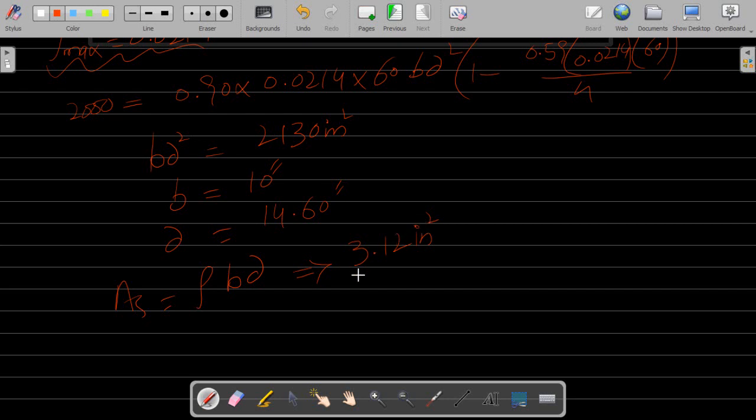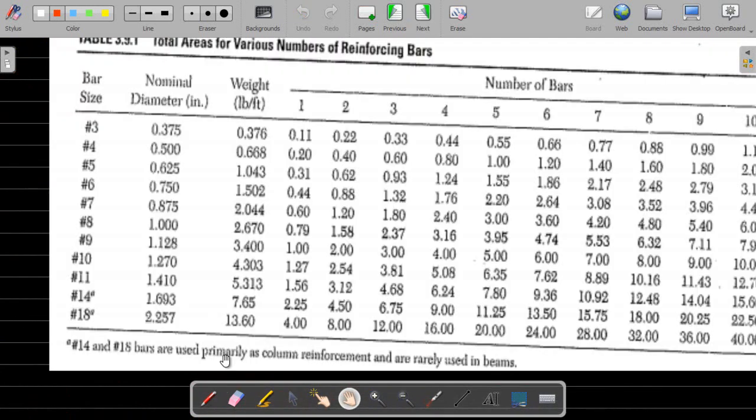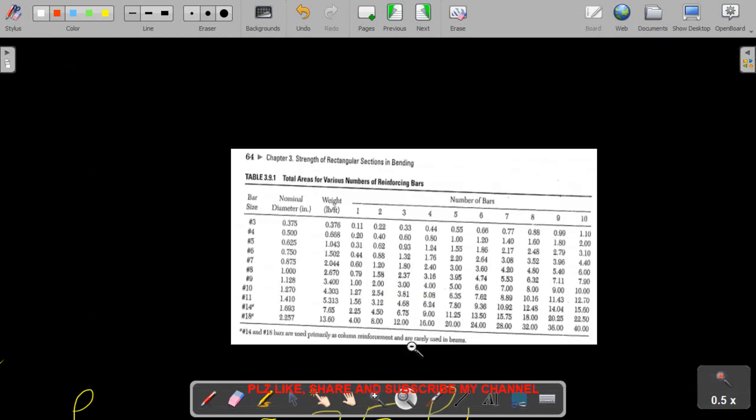Now if we choose a number 11 bar, it will exactly give us 3.12 square inches from this table. We can see here we are using a number 11 bar. So this is my number 11 bar, and here I have 3.12. So this is my area of steel, the exact value.